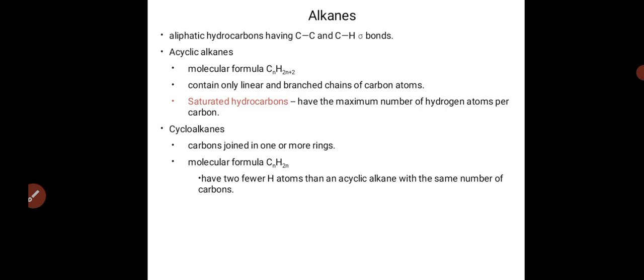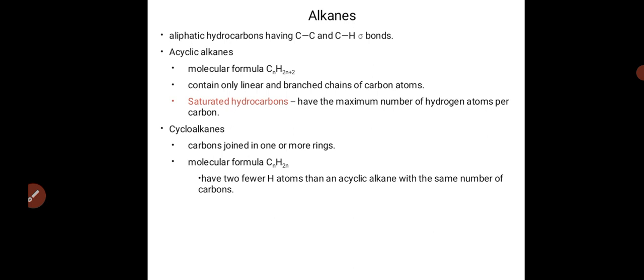Then acyclic alkanes. When we say acyclic alkanes, it means that they are open chain and they have a general molecular formula of CnH2n+2 and contain only linear and branched arrangements of carbon atoms, that is acyclic.